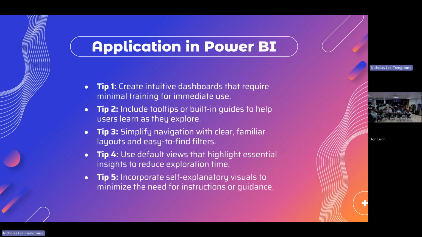I suppose an example of that is, if you think about some of the reports you see sometimes, I think people miss that it's good to start with an overview report, and people want to cram as much information as they can onto a report. So they'll have all the KPI cards, and then they'll have three or four different charts, for example, and then they'll have like two tables of data as well.